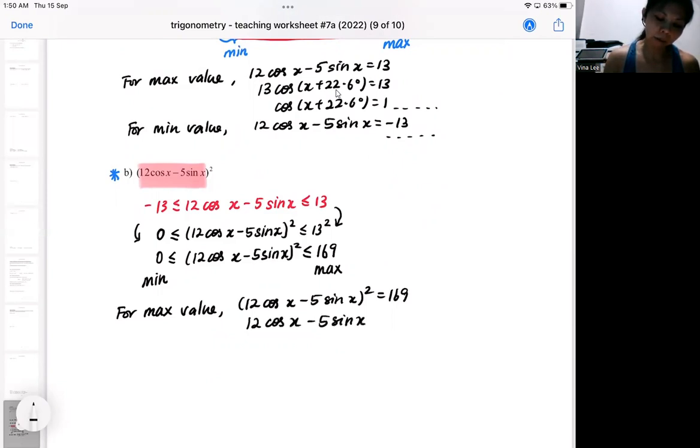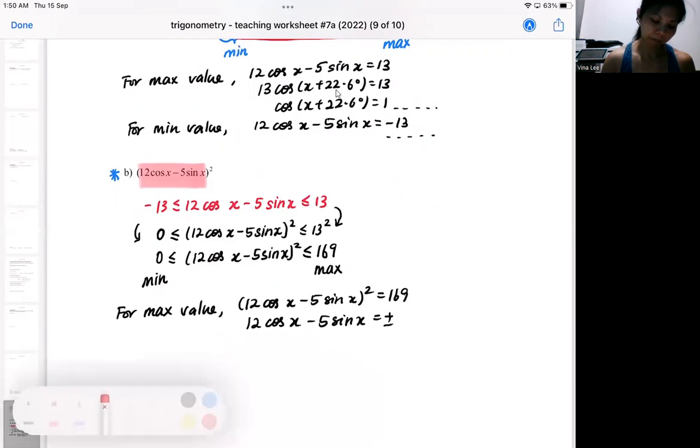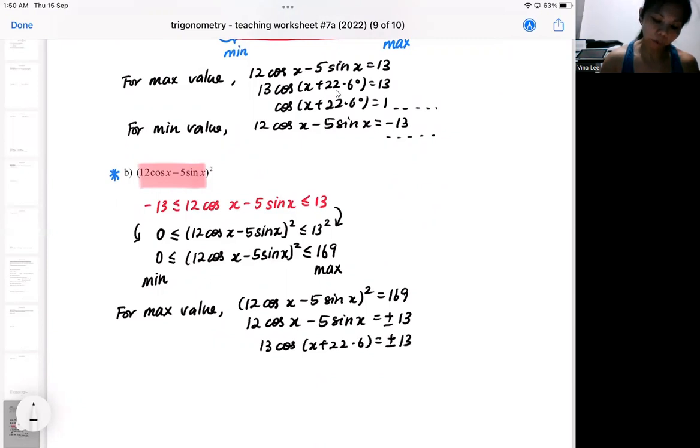But taking the square root will give you two answers. That means if you use the converted cosine R formula, you will also have two sets of answers. So you just work out accordingly.